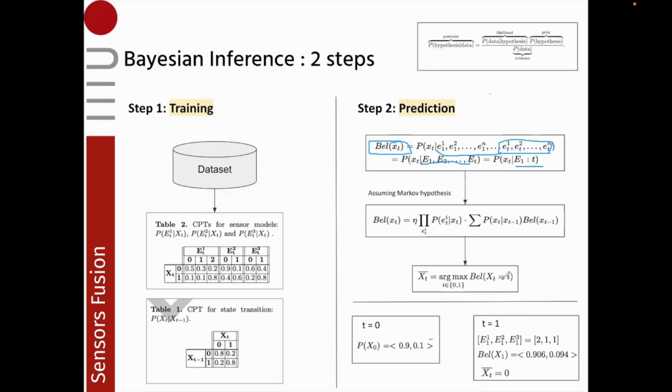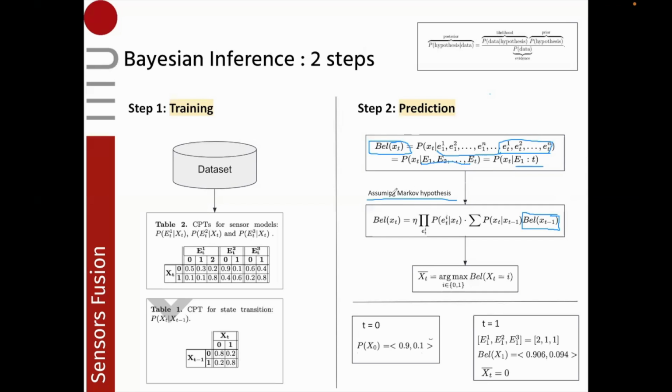In our case, we made what we call the Markov assumption. In this case, it says that the value of the belief function of the state at time t is conditioned only by our knowledge of the state at t minus 1, and on the evidence at time t.